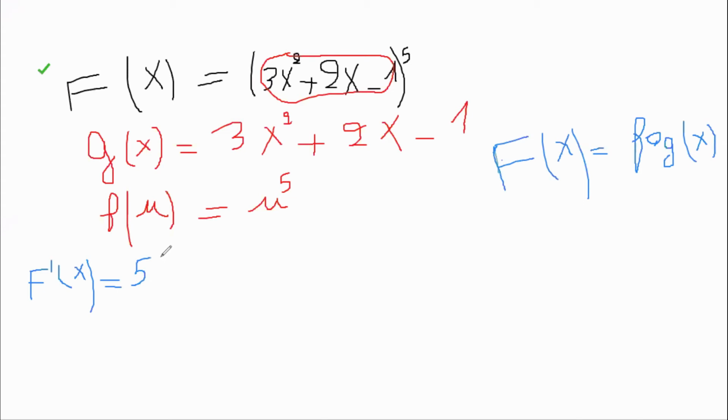What is u? u is the term inside the parentheses, which is 3x squared plus 2x minus 1. However, you have u to the 4, because the derivative of u to the 5 is 5u to the 4. Is it clear right now? However, don't forget we have another step.